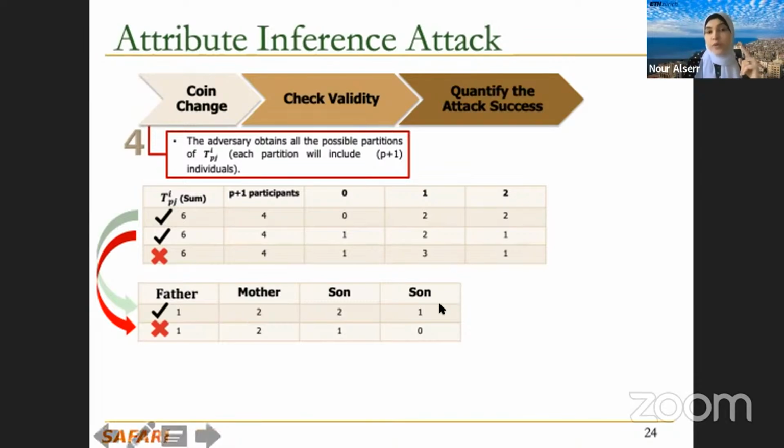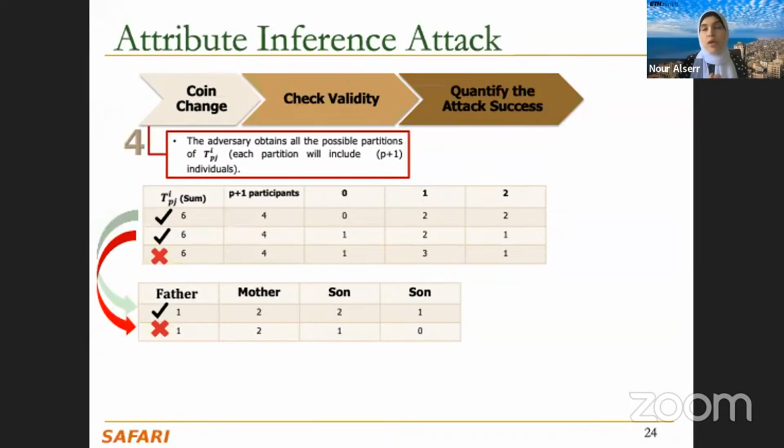So the adversary will choose the permutation, the value, with the highest probability. Again, he will use Mendel's law. If you remember, in Mendel's law we have probabilities. The son can be 50% 1, and 50% 2. In that case, the son can be 1 or 2 with the same probabilities, so he can pick one of them, for example.